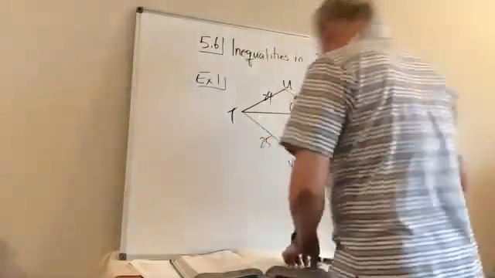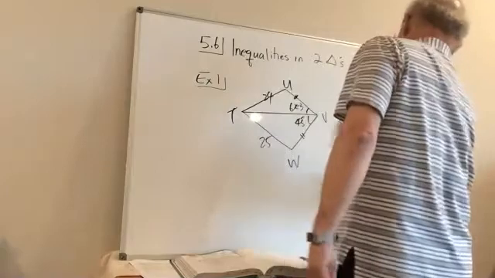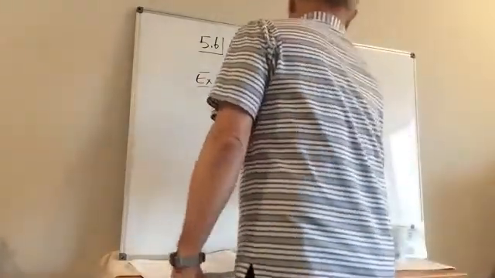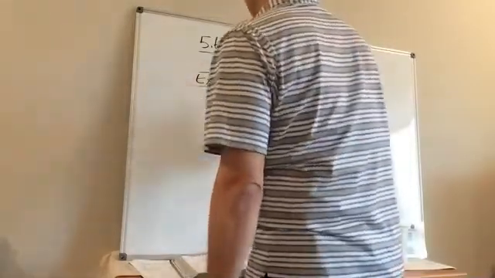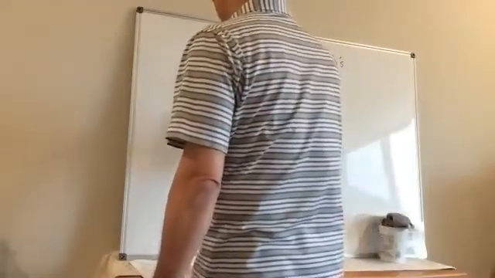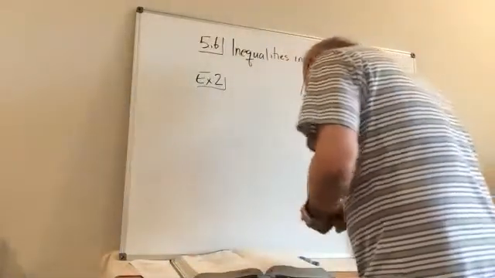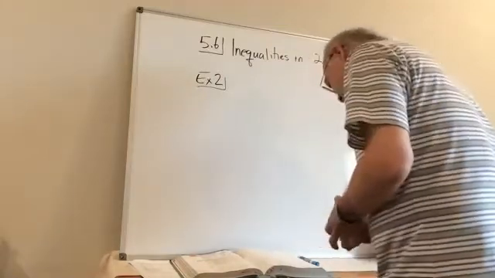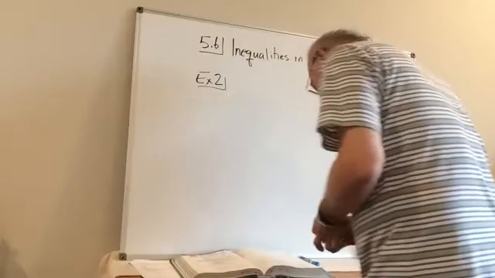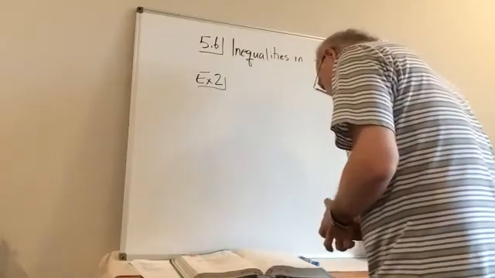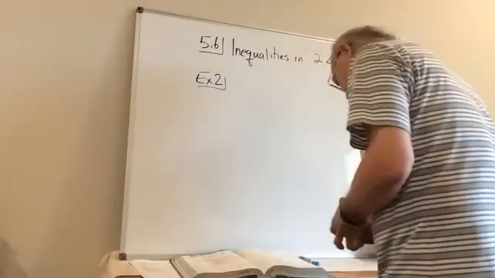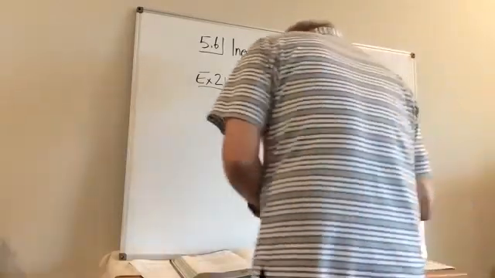Let's do example number 2. Entertainment application. The angle of a swing in a circular swing ride changes with the speed of the ride. The diagram shows the position of one swing at two different speeds. Which rider is farther from the base of the swing?